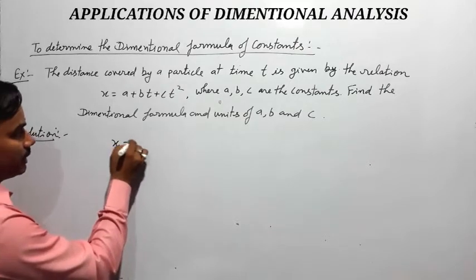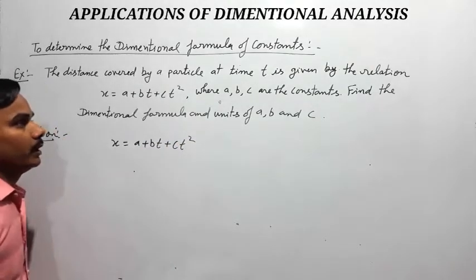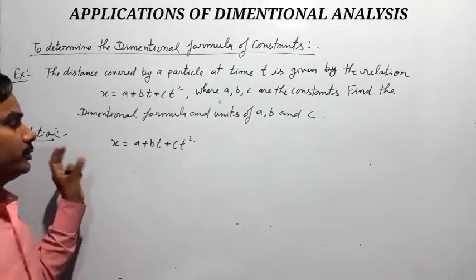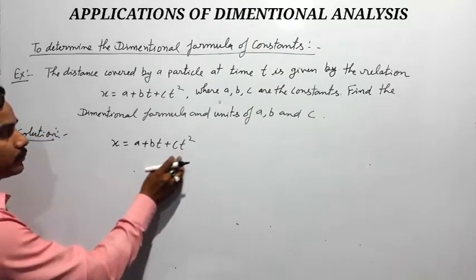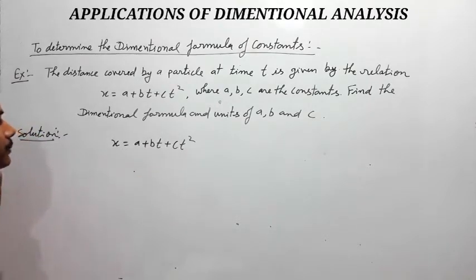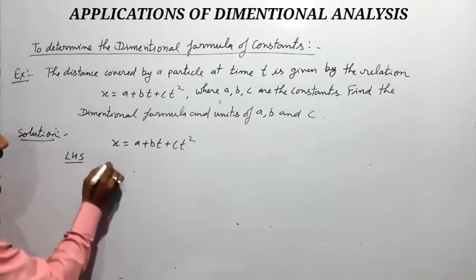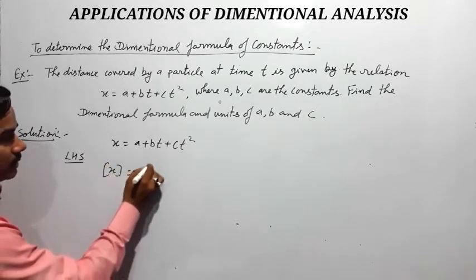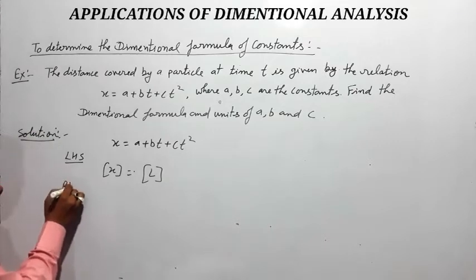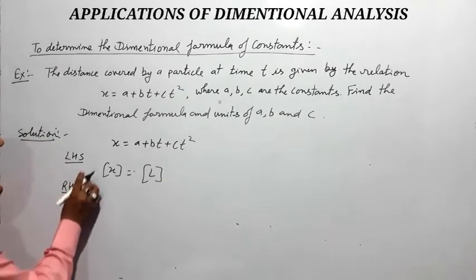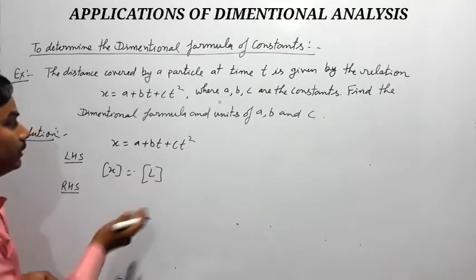The given relation is x = a + bt + ct², and according to the principle of homogeneity, all these terms have the same dimensions. From the LHS, the dimension of x is L. In the RHS, the dimension of the first term must be equal to the dimension of the left hand side.